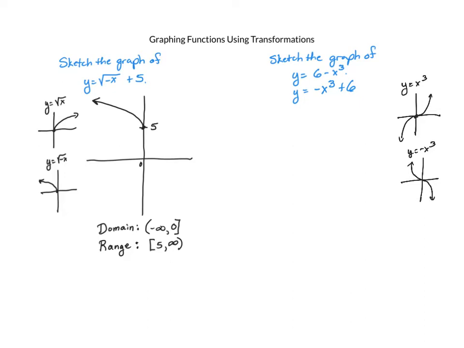See, I didn't make it quite flat enough there. And then we're going to shift it up 6 units. So our graph would look like this, right up here at 6, and I make sure I draw that shape. So anybody reading my graph could tell which function we're talking about.